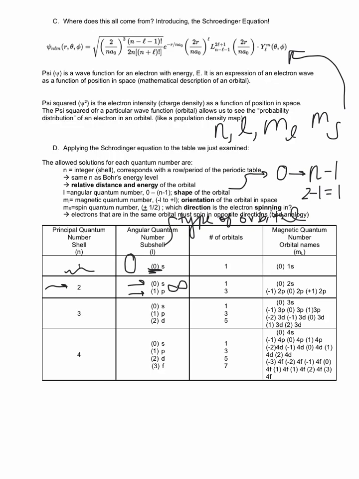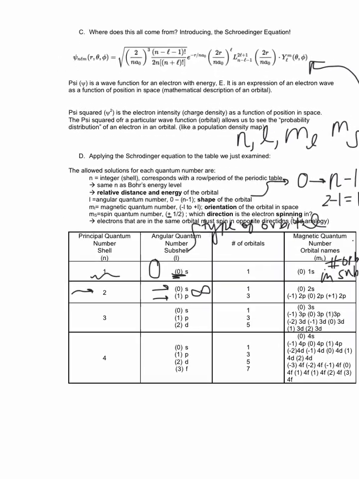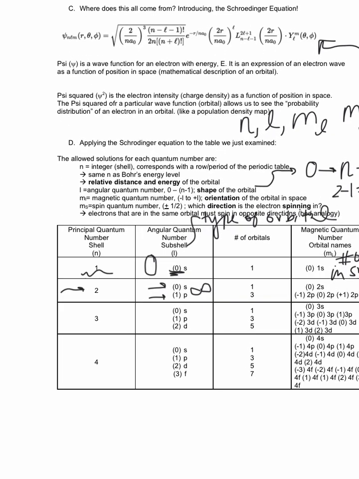Now, after we get to our angular quantum number, we have our magnetic quantum number. The magnetic quantum number tells us the number of orbitals in our subshell. And the numerical relationship that determines the number of orbitals is that we go from minus l to plus l through 0.